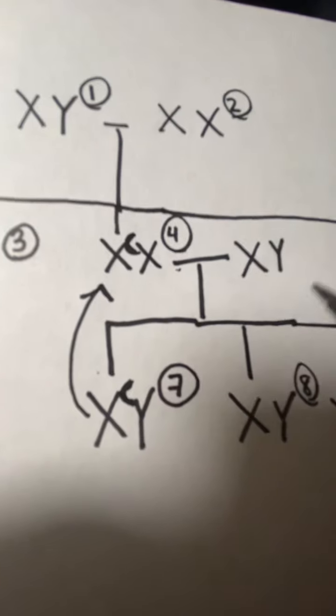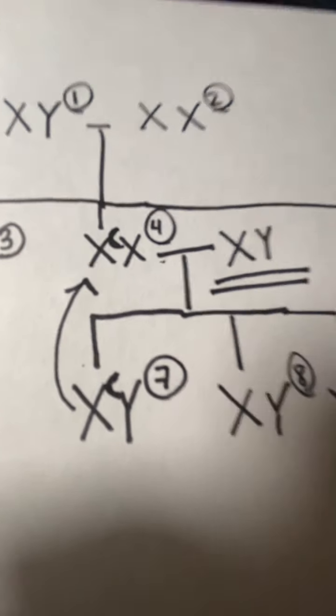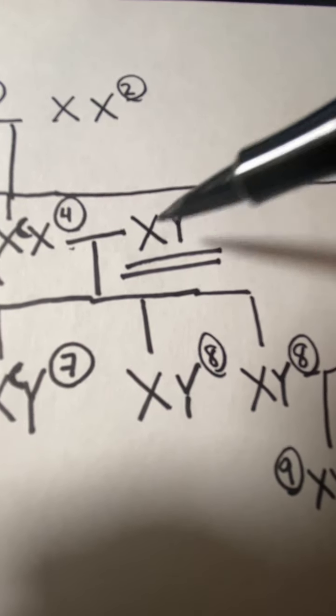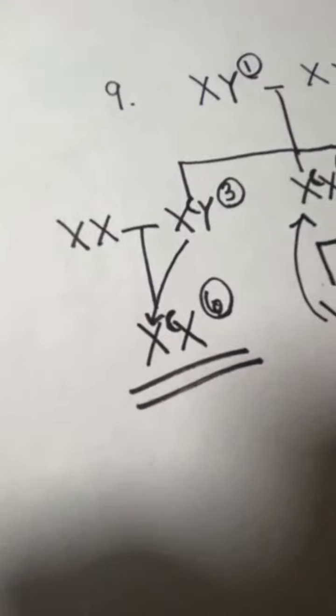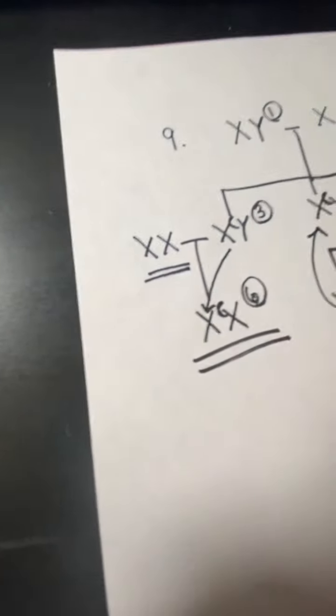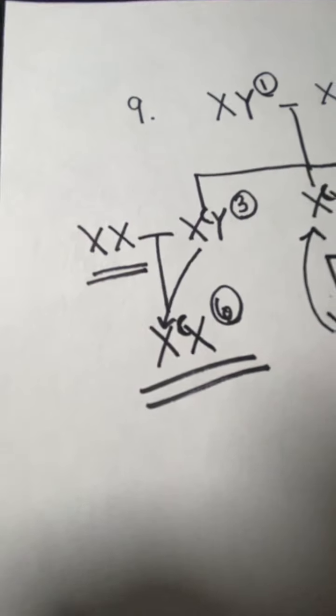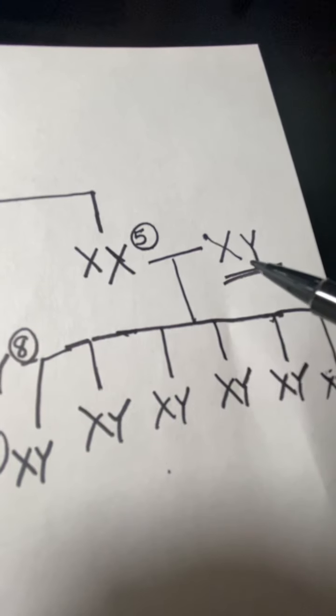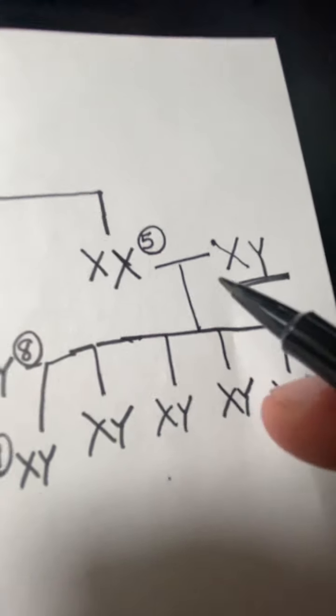And we know all the couples married people of normal vision, so this man does not carry any XC chromosomes on him. We know this lady over here has normal vision. She could be a carrier, but we don't know. And we know this man over here is not a carrier because, once again, woman number 5 married everyone of normal vision, and he has only one X.